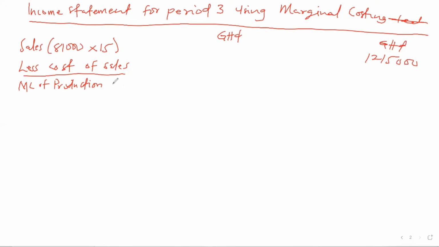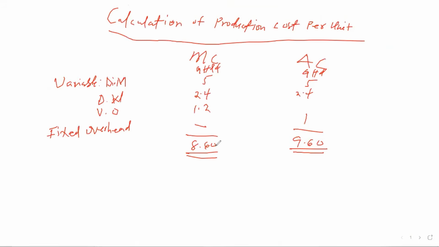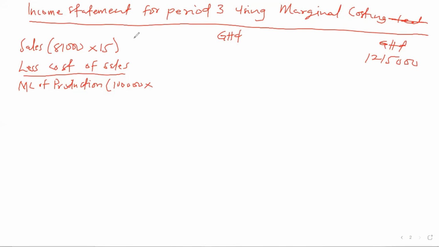So 100,000 by the production cost per unit. When we calculated our production cost per unit, this one under marginal costing, we had 8.6. So we multiply the production units by 8.6.